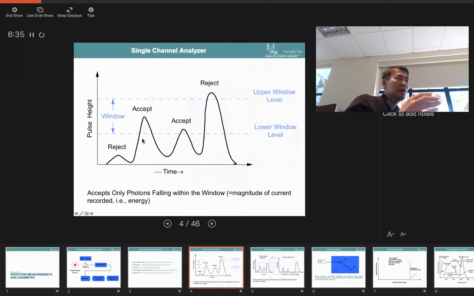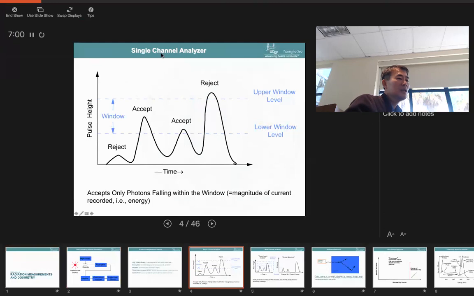So that's why it's a pulse height analyzer. With the single channel, we just say single channel pulse height analyzer. So what we want to collect is, within a range of pulse height, we want to collect the data as like a 1 or 0. We want to collect or not collect based on the pulse height.